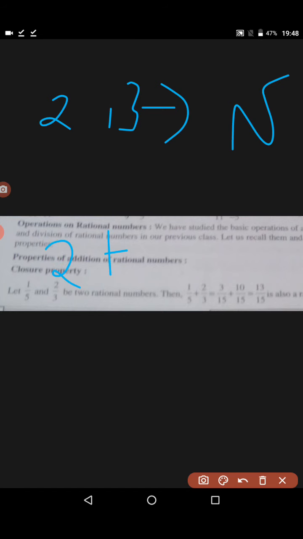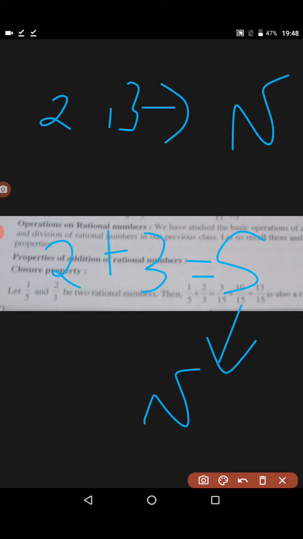Now say if I have two numbers, I will take 2 and 3, and if I say they are natural numbers, when I add them, 2 plus 3 is going to be 5, where 5 is a natural number. Therefore it is satisfied. Like that I should check for rational numbers now. I am going to take an easy example so that my problem goes faster.